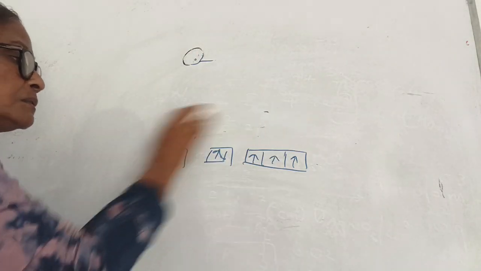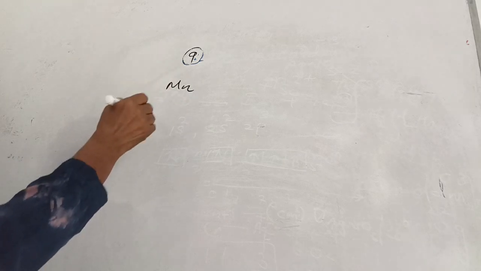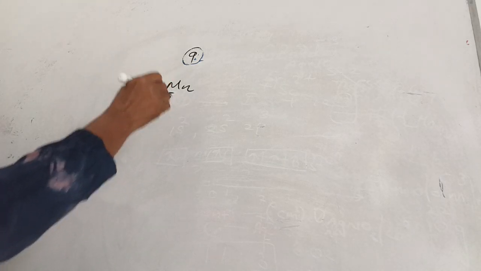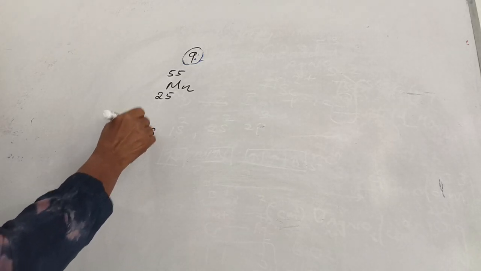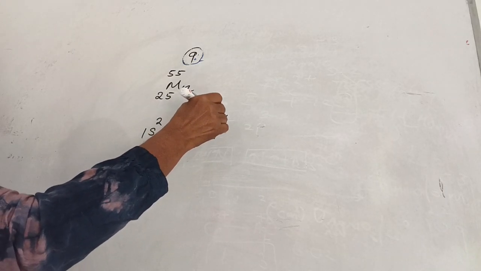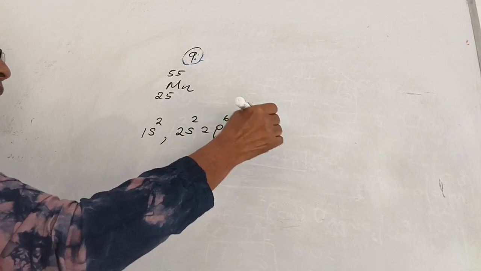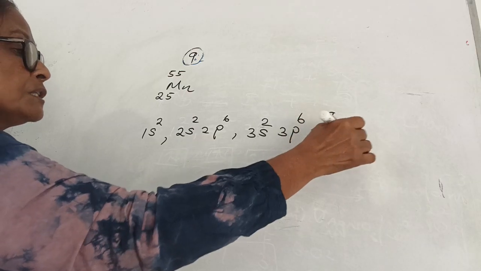Question number 9 regards manganese. It is based on the electronic configuration of manganese, whose atomic number is 25 and mass number is 55. There are 25 electrons. How many s, p and d electrons are in an atom of manganese? The best approach is to write down the electronic structure: 1s2, 2s2, 2p6, 3s2, 3p6, 3d5 and 4s2.